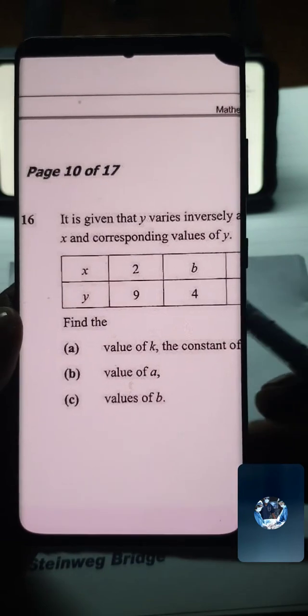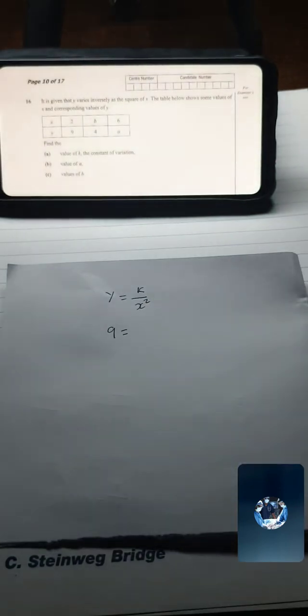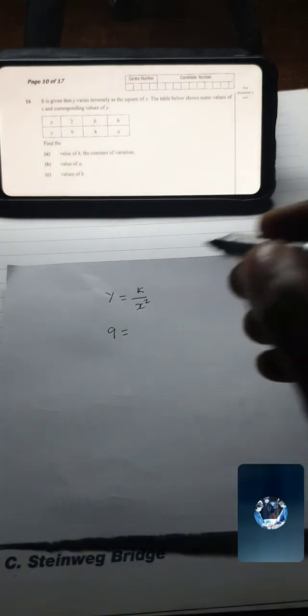Since we're now using these coordinates, where there's y, I'm putting what? 9. Thank you. Where there is k, what am I supposed to put on k? I've forgotten, sir. Okay, we are finding k.